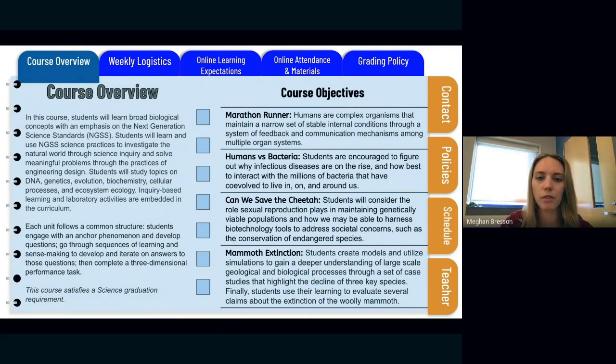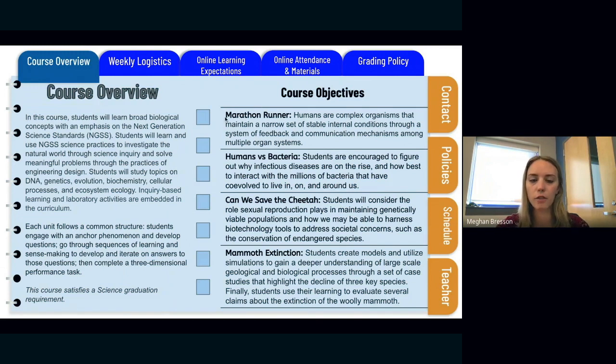So we're going to be covering broad biological concepts. Each unit is going to follow a common structure. Students will engage in an anchor phenomenon and develop questions. And through sequences of learning and sense making, they'll develop answers to those questions to complete a performance task at the end. This course is a graduation requirement.